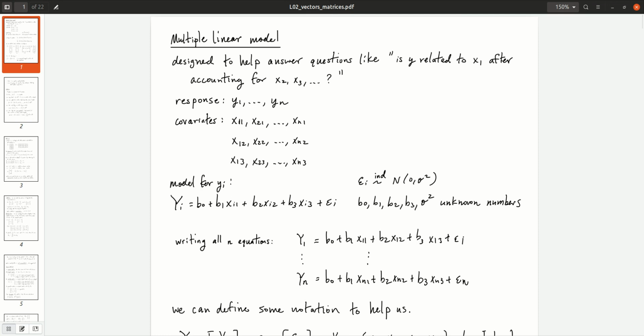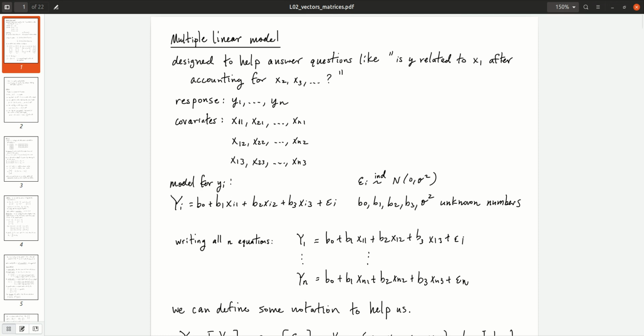And then given this notation for the response and the covariates, our model for the response data is: random variable capital Yi is B0 plus B1 xi1 plus B2 xi2 plus B3 xi3 plus epsilon i.